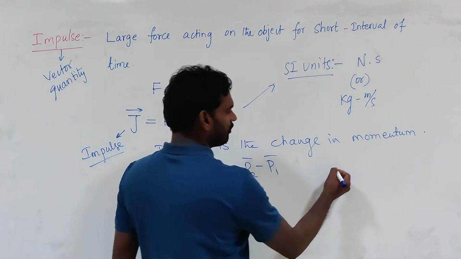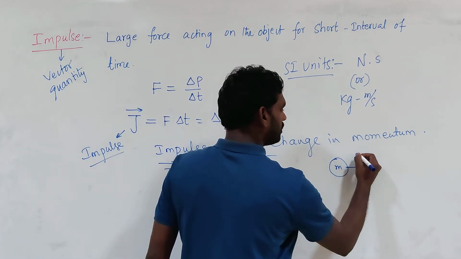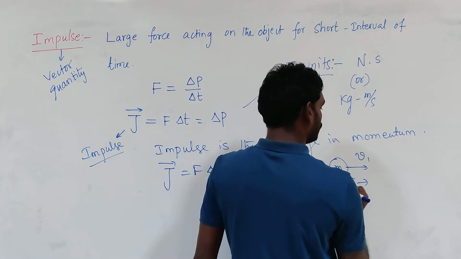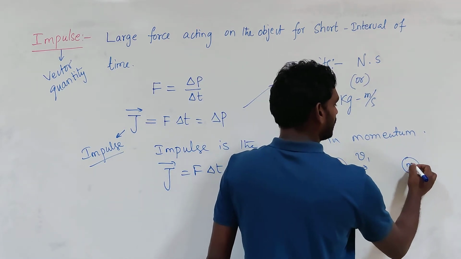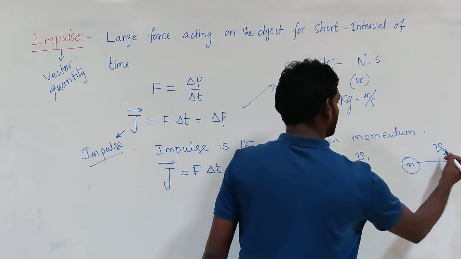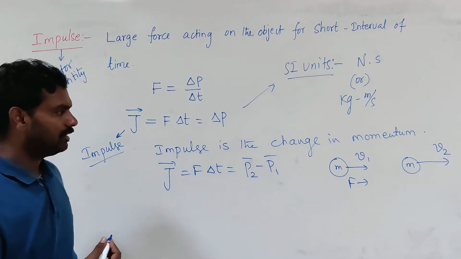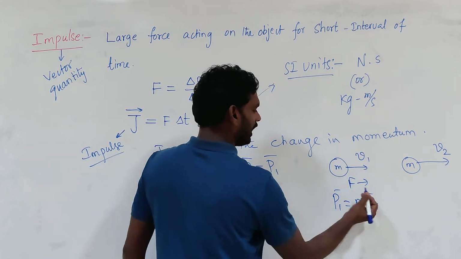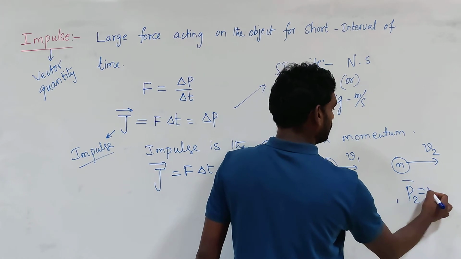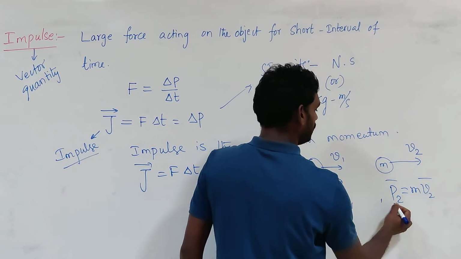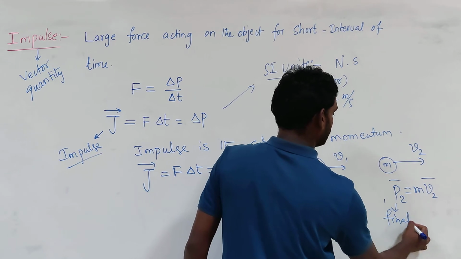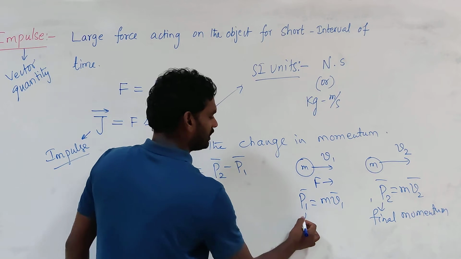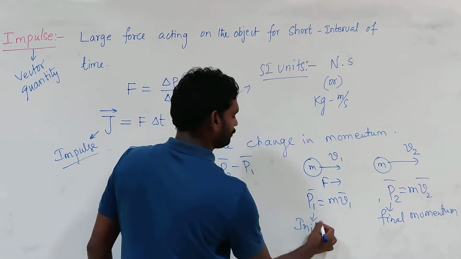If an object of mass m is initially moving with a velocity of v1, and after application of some force at a later time the object is moving with a speed of v2, then initial momentum p1 equals mv1 and final momentum p2 equals mv2. p2 is the final momentum after some time, and p1 is the initial momentum.